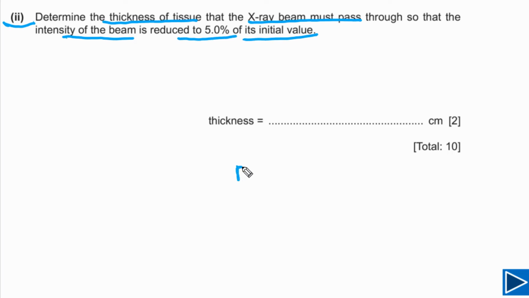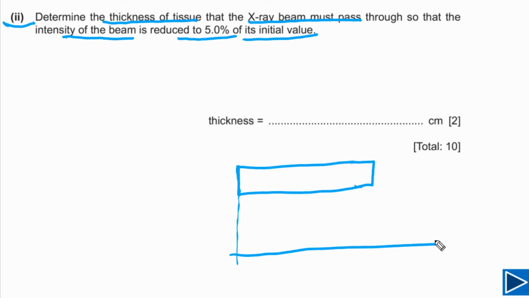Let's try to understand what the question is asking us. Imagine that we have this tissue. The question is simply asking us to find the thickness of this tissue so that the intensity of the X-ray beam becomes 5%. Imagine this is intensity on the y-axis and x, the thickness, on the x-axis.